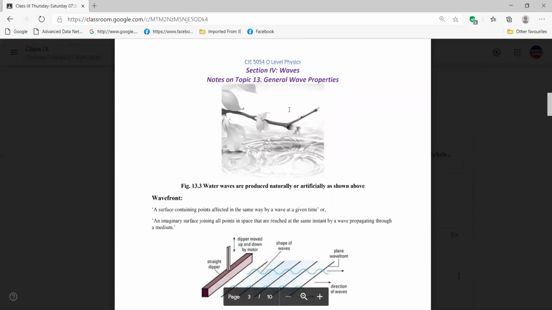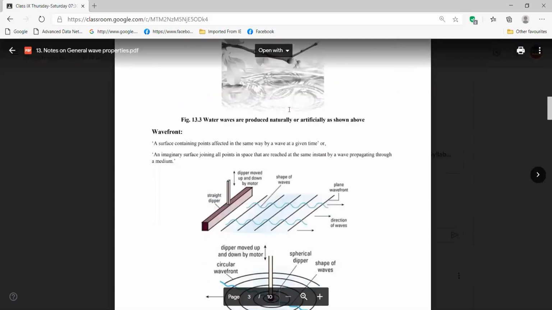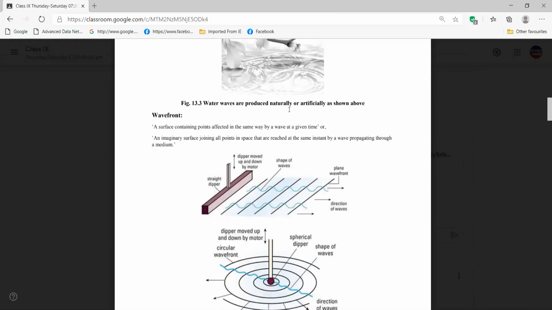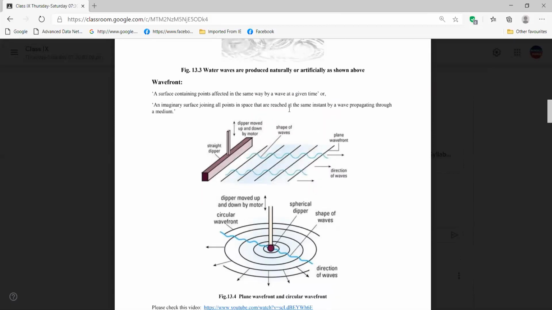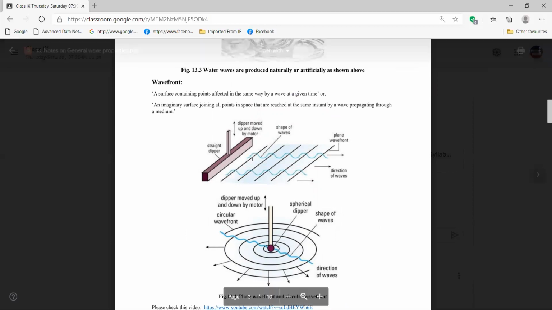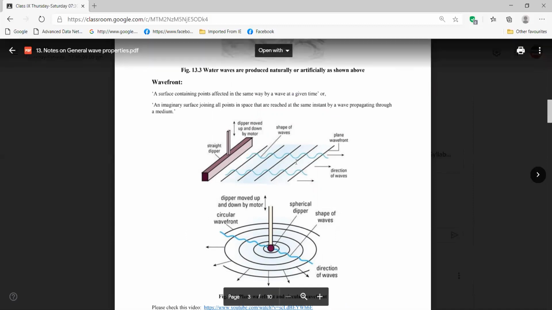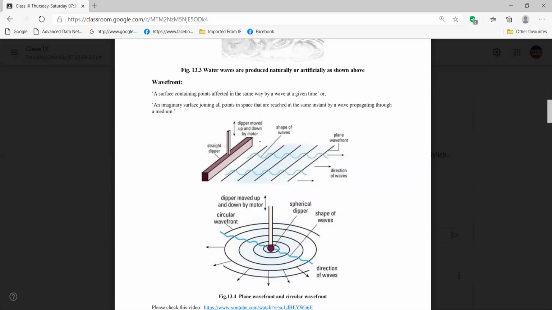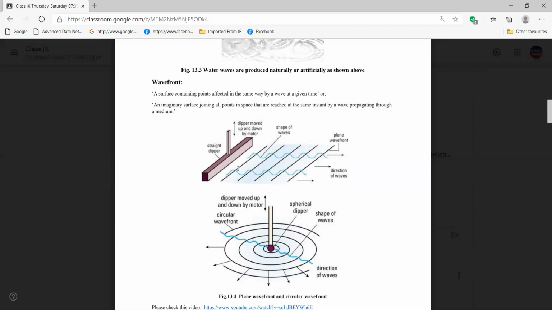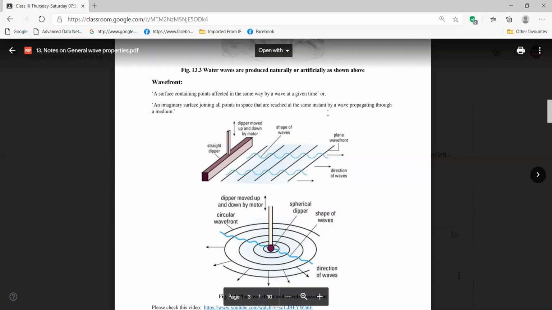Then we have wavefront. You see here we have two kinds of waves. Both are water waves, but one is circular and another one is parallel waves. You see here there are straight line waves and the particles are moving up and down. That one is shown by these lines.